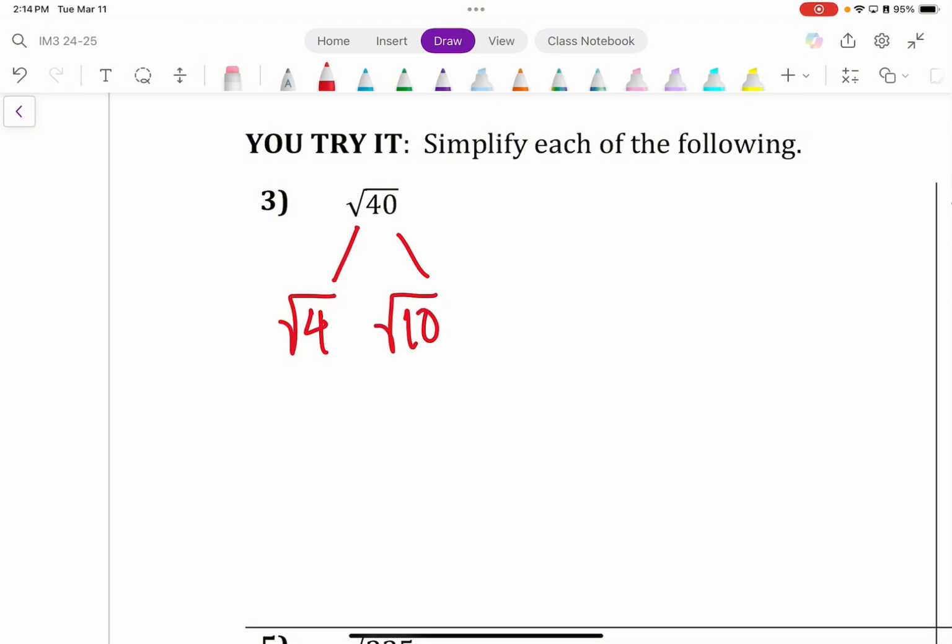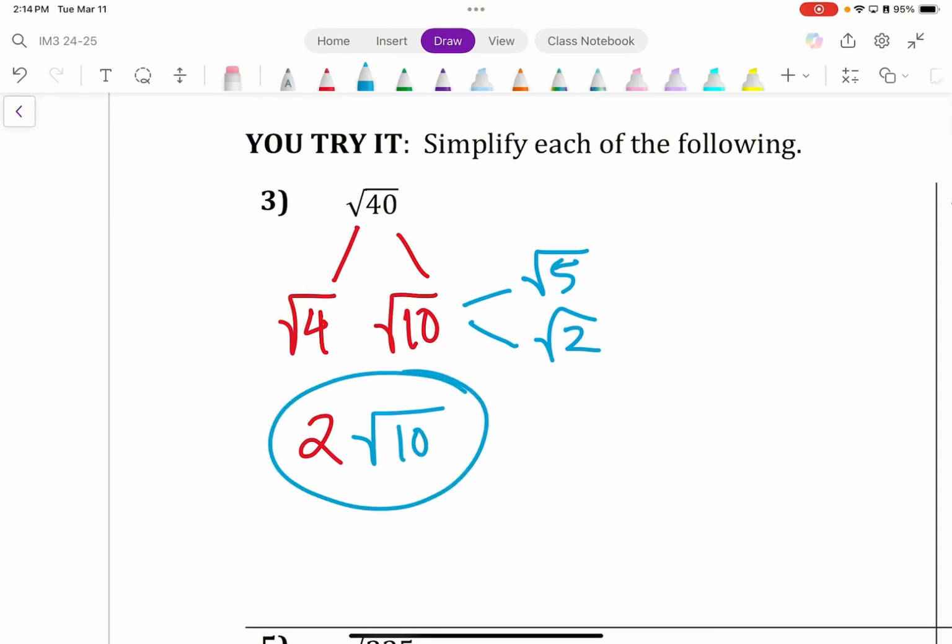What's the square root of 4? 2. If I try reducing 10, I'm going to get the square root of 5 times the square root of 2. Are either of these two perfect squares? No. So that means 10 cannot be reduced. 2 radical 10 is your solution. Whole numbers go on the outside. Any remaining numbers stay inside the radical. Okay?